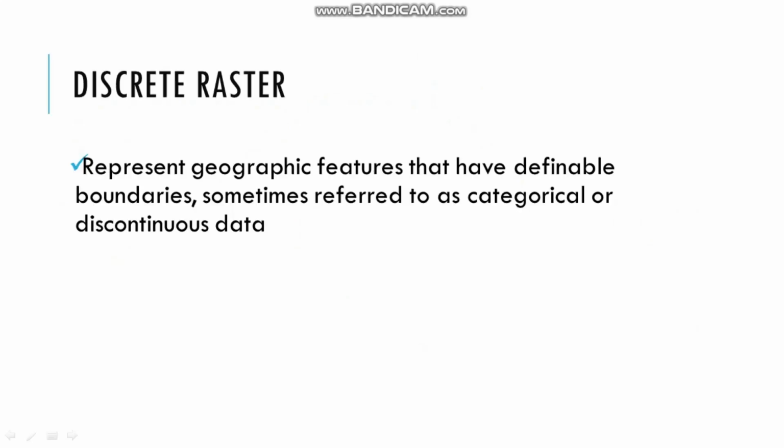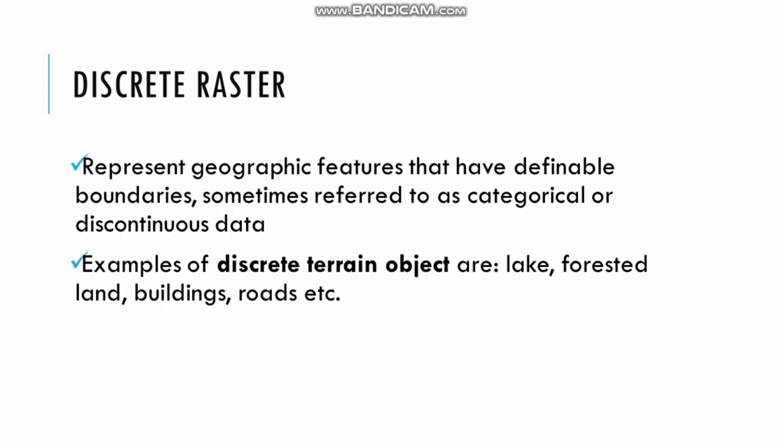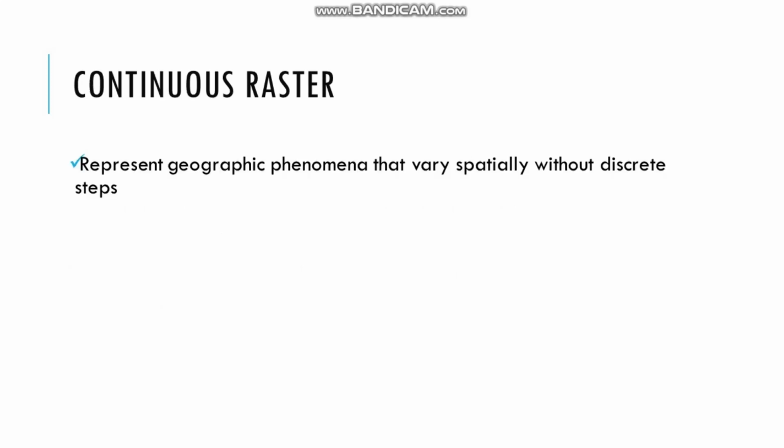You should remember this. Discrete raster represents geographic features that have definable boundaries, sometimes referred to as categorical or discontinuous data. Examples of discrete rasters are lakes, forests, lands, buildings, roads, etc. Continuous rasters represent geographic phenomena that vary spatially without discrete steps.